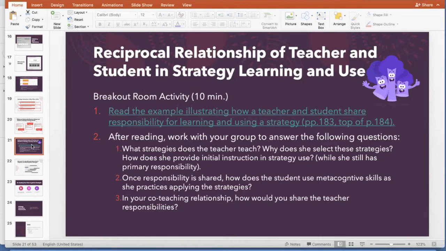It provides an example, in narrative text, of a teacher identifying a need, teaching a strategy, and the student learning the strategy and then starting to learn to apply it. It's about a page and a half of text. So I want you to read that and then talk with your group. Coming back from breakout rooms, I'm going to share my screen again.